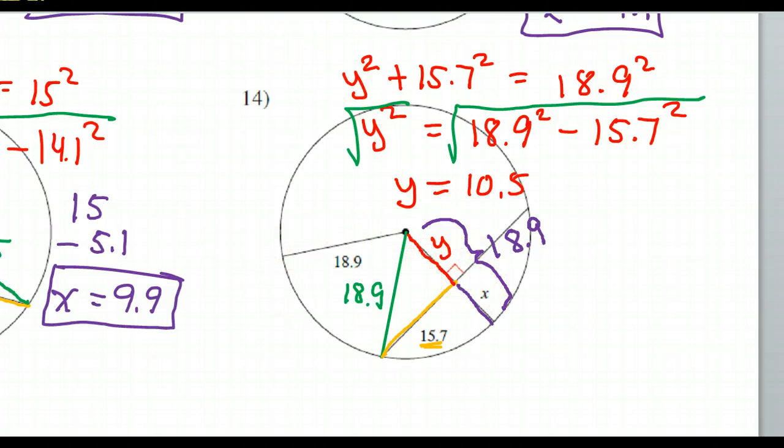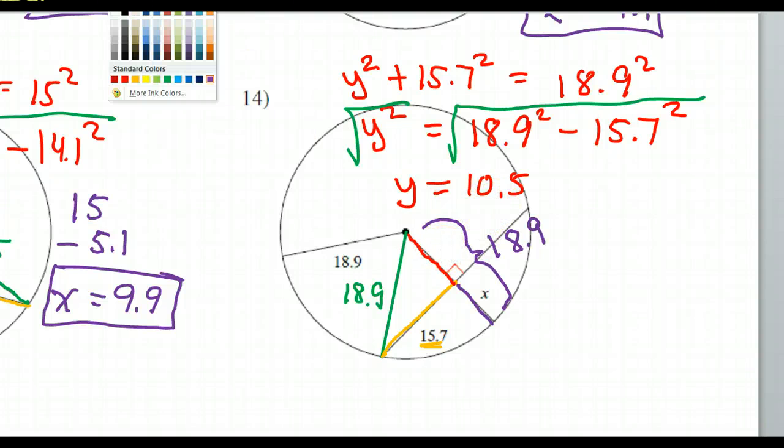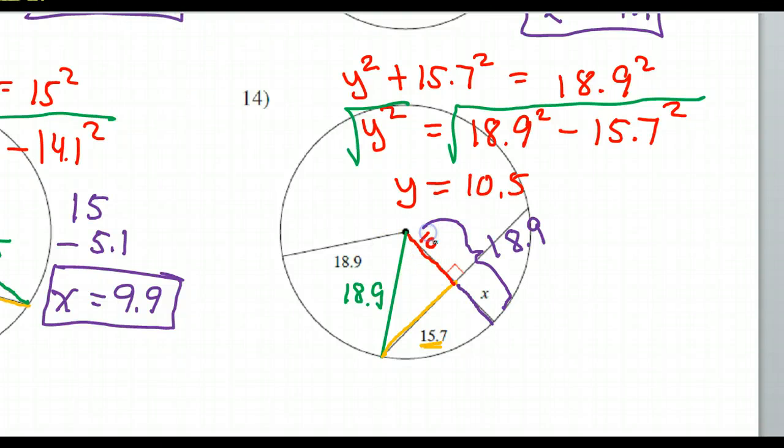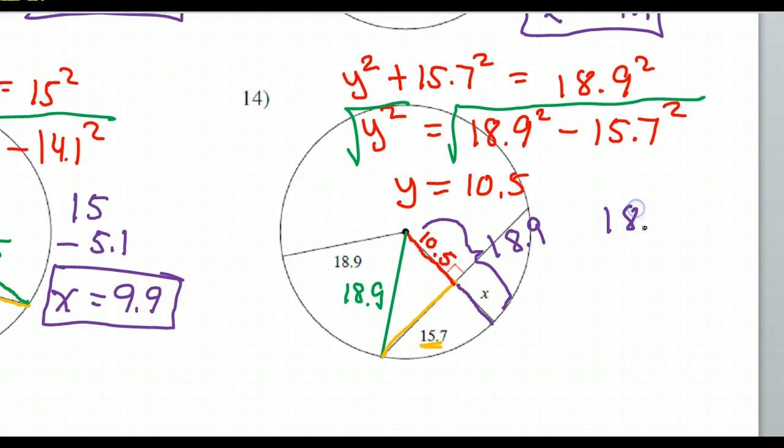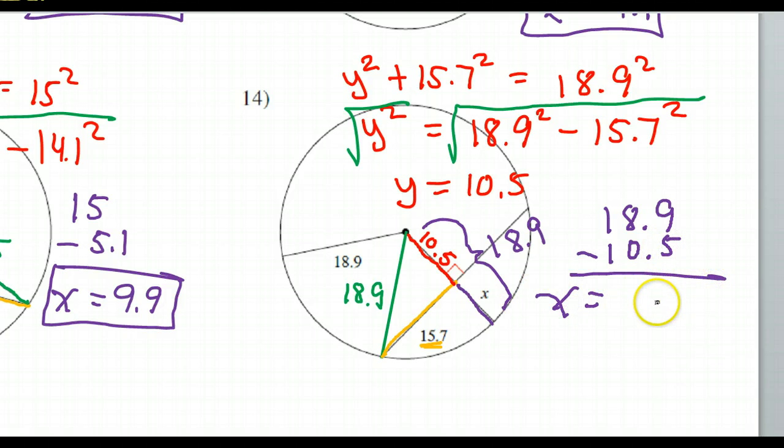So if I now know that this red part is 10.5, I should be able to subtract. If I take the whole thing minus the 10.5, that should leave the x. So if I do 18.9 minus 10.5, that should leave me x is equal to 8.4.